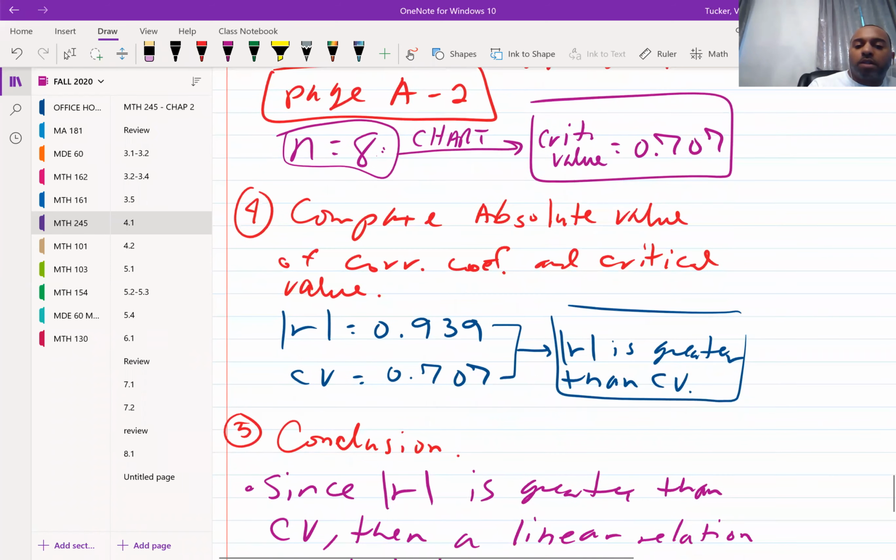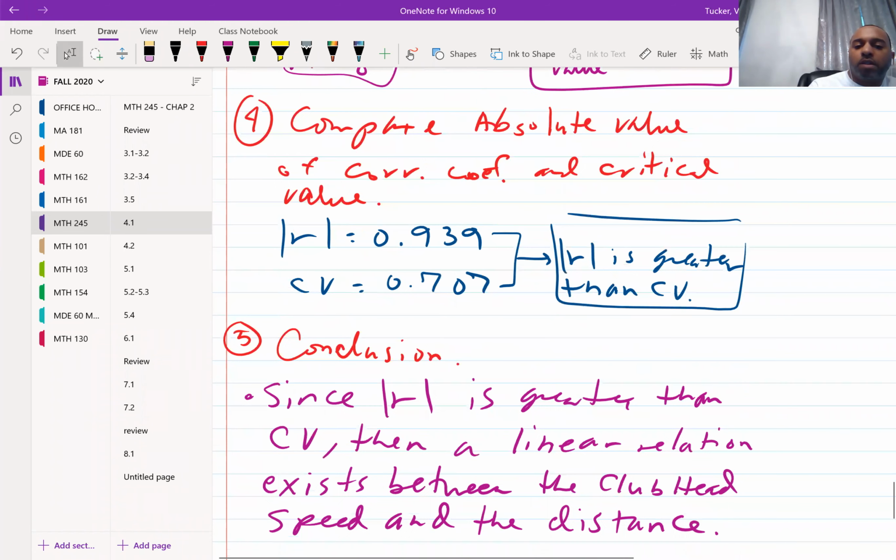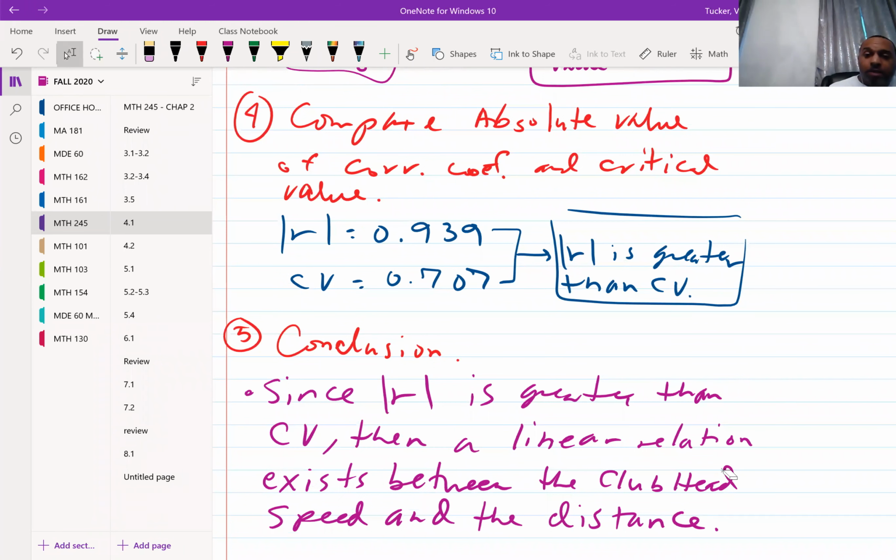All right. And since the absolute value of R is greater than the critical value, then a linear relation exists between the club head speed and the distance. So once again, if R wasn't greater than the critical value, then there would not be a linear relation between the two.